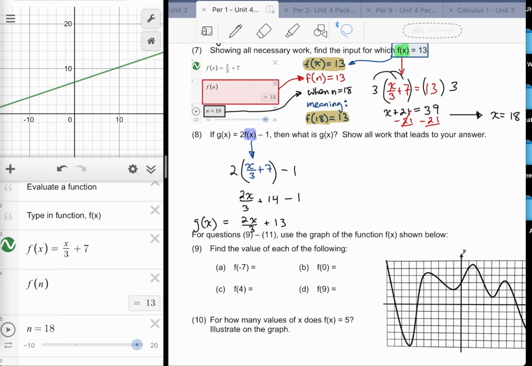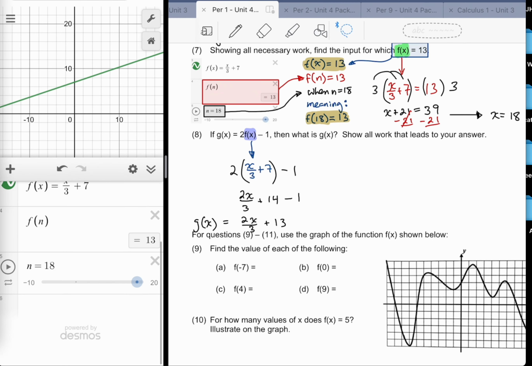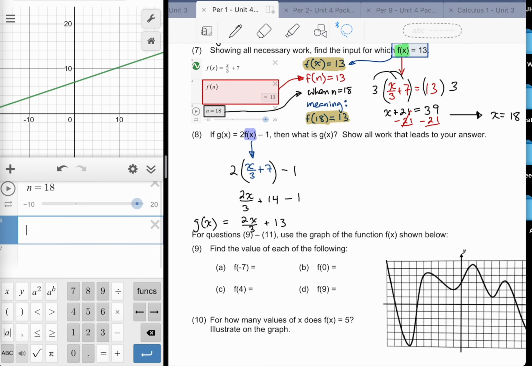Now, it's kind of surprising, but Desmos can handle this too. If I type in the two separate functions, f of x and then g of x as a function of f of x. I already have f of x in here, I'll just have to delete it before I save this for you.